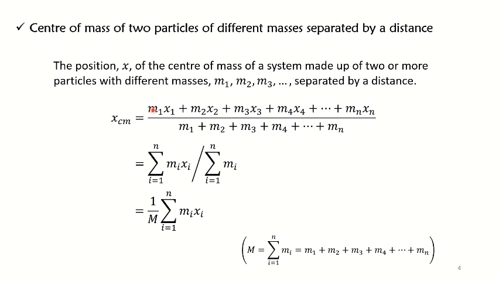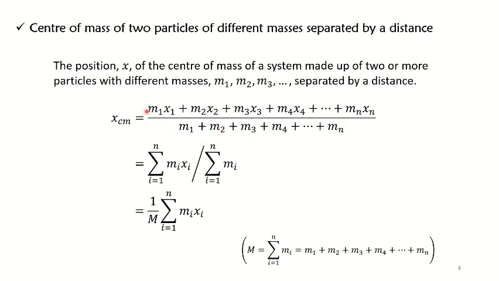Sum the product of this, then divide by the total mass in that system. Again, to obtain the center of mass of a system of particles, you sum the product of the individual masses and their respective positions, and you divide by the summation of each of the masses in that system.